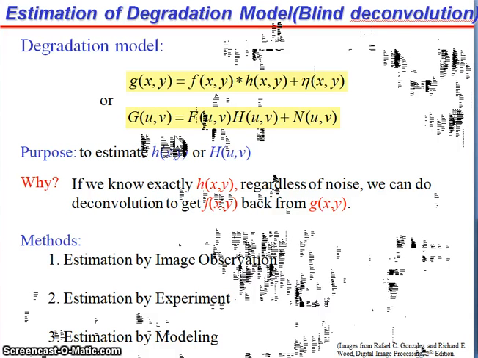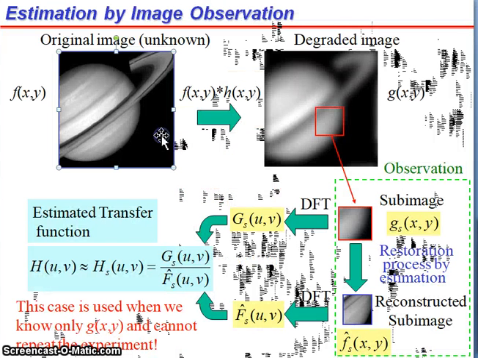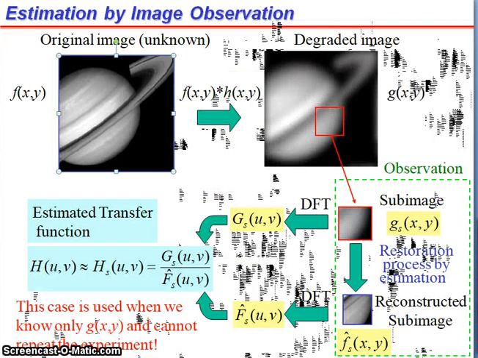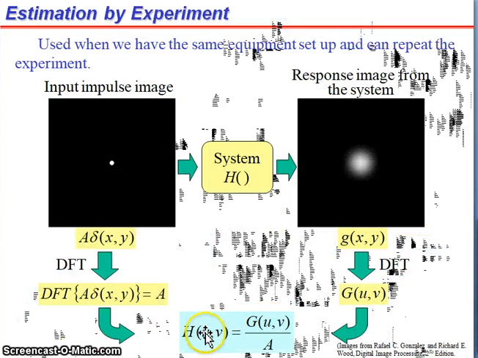Then I can get the f of x comma y, the original image, based on this H of u comma v. That means the degraded image G of u comma v is there, and the restoration filter also should be designed. Then I can get the f cap of x comma y.